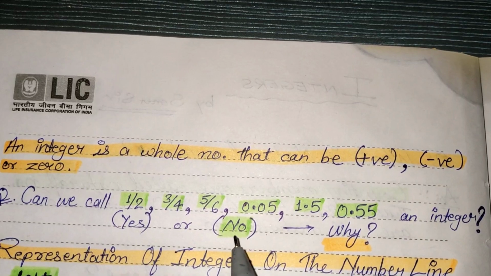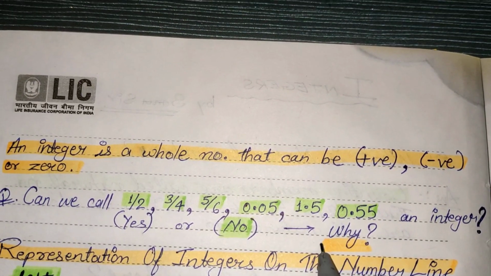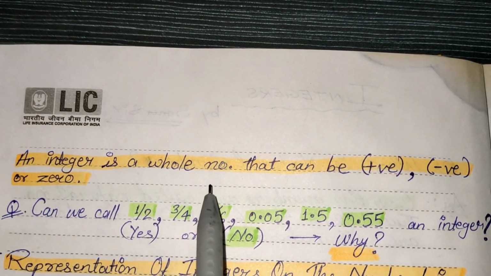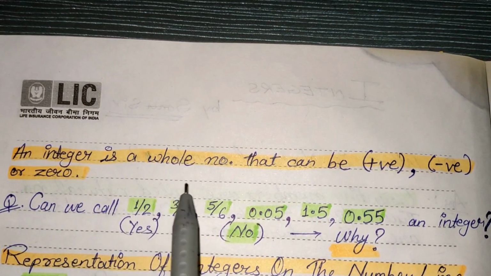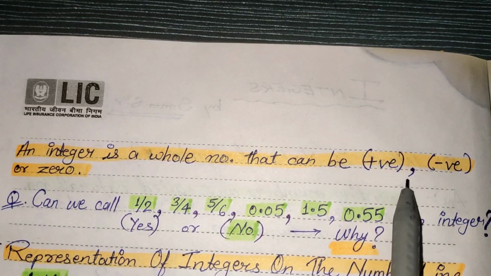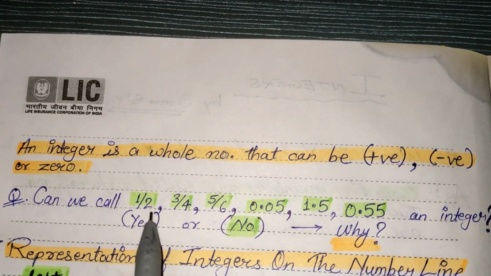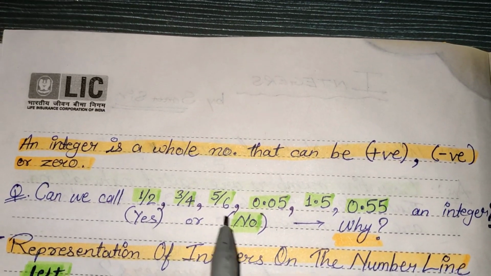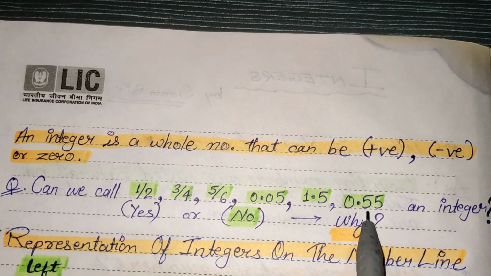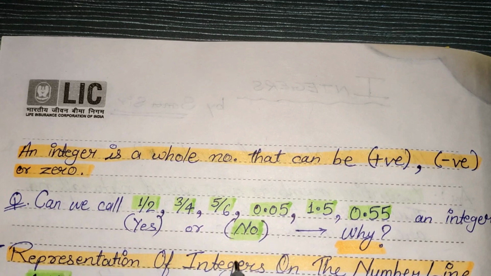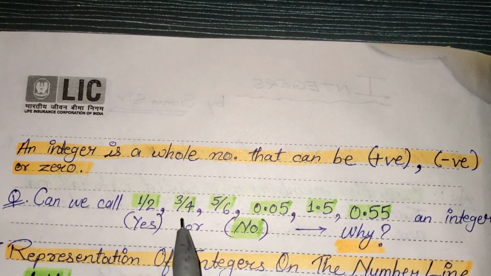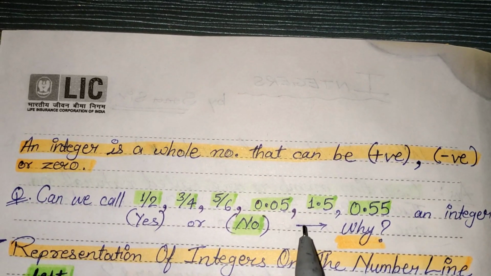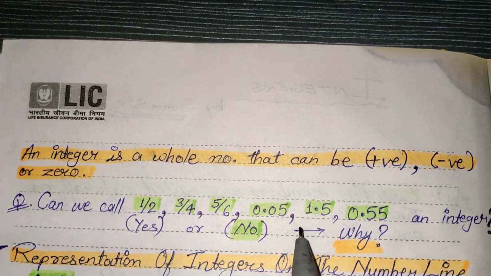The answer is no. But why not? Because an integer is a whole number that can be positive, negative, or 0. But we see here that these numbers are fractions and decimals. So we conclude that integers do not have fractions and decimals, so we can't call these numbers integers.